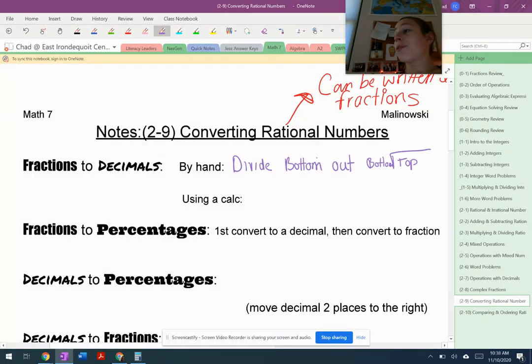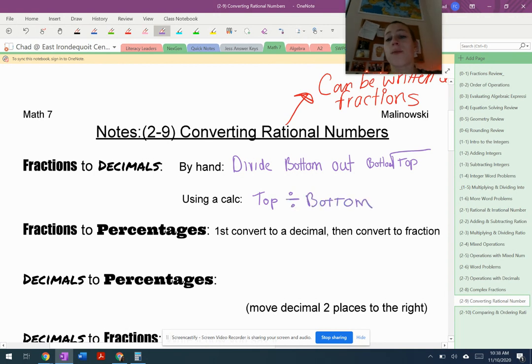However, if you're using a calculator, that's a little bit different. You're just going to put right into your calculator, top piece, divide, bottom. So it depends on which way you're looking at it.